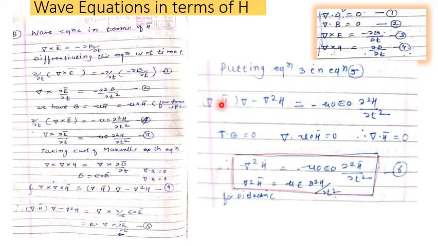So fill in this value 0 for del dot H, and we get this equation: minus del square H is equal to minus mu 0 epsilon 0 del 2 H by del t square. And for dielectric this mu 0 epsilon 0 is replaced by mu epsilon. Therefore del square H is equal to mu epsilon del 2 H by del t square.